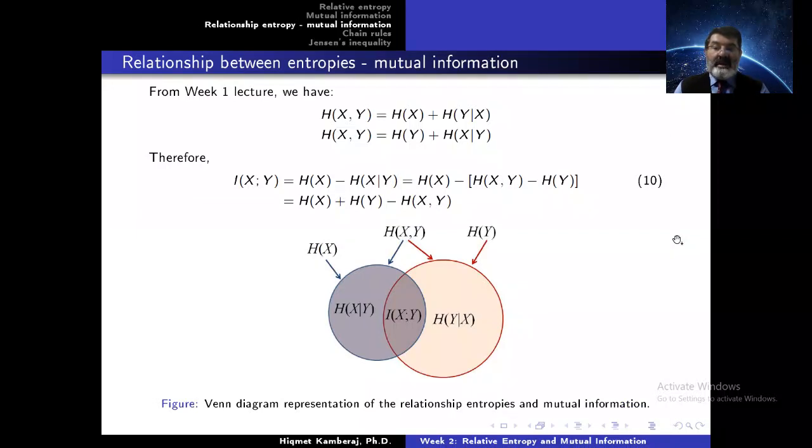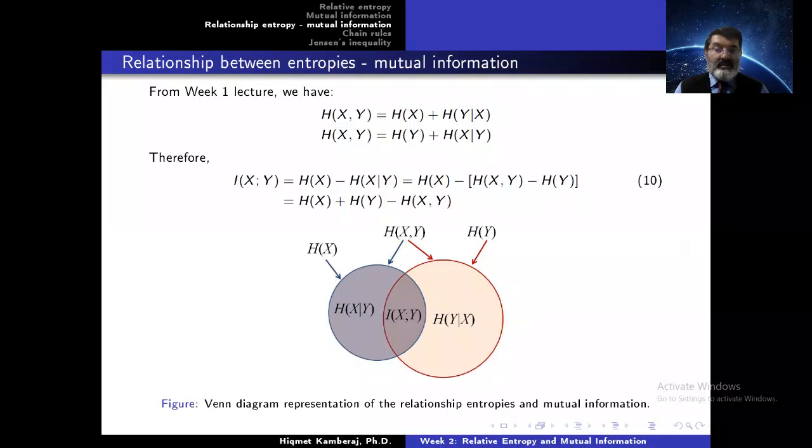From the week 1 lecture, we have that the joint entropy of x and y is either equal to H of x plus H of y given x, or H of y plus H of x given y.